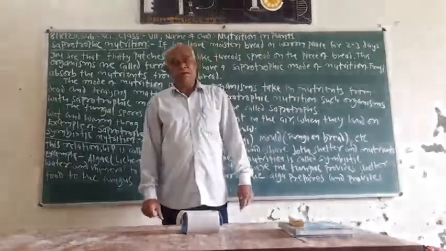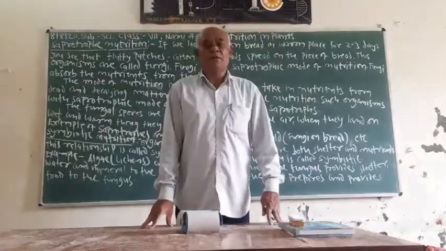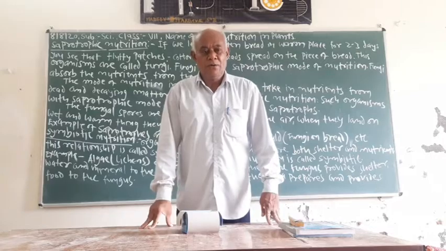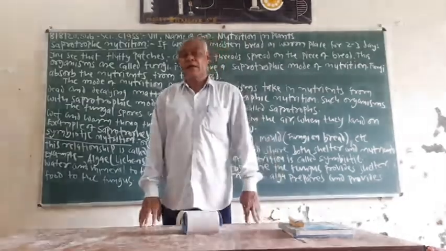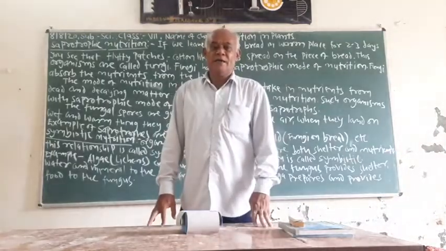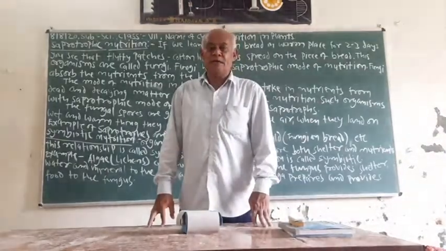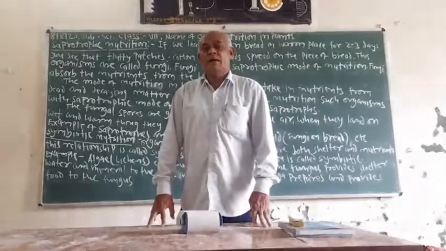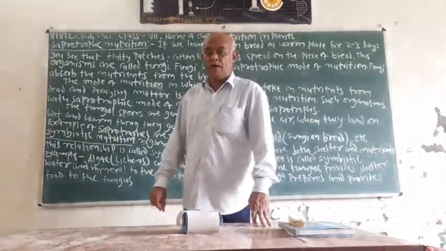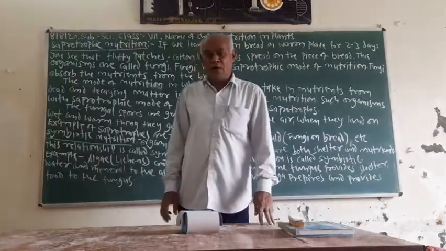In this chapter, we learn about the mode of nutrition in plants. We learn that green plants are autotrophs. It means green plants prepare their food themselves by the process of photosynthesis. Heterotrophic plants are of four types.